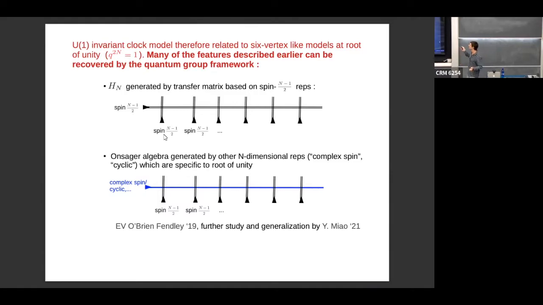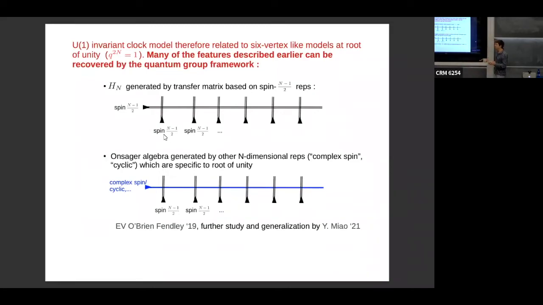So for instance, Hn and other conserved charges can be constructed from a transfer matrix based on higher spin representations, half-integer or integer, which graphically I picture as follows. But the Onsager algebra and more complicated commuting charges you can also build in terms of transfer matrices. This is something I didn't tell you before when I was introducing quantum groups.